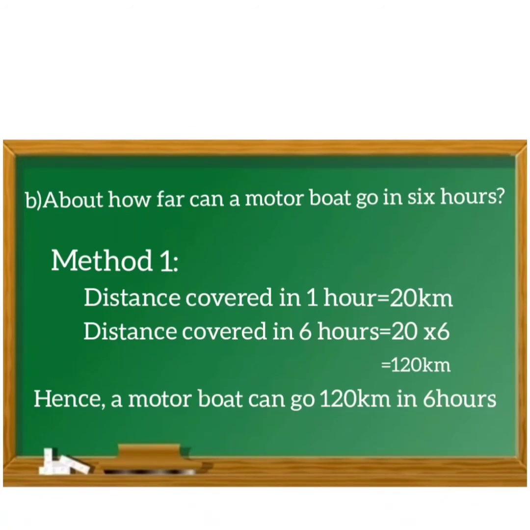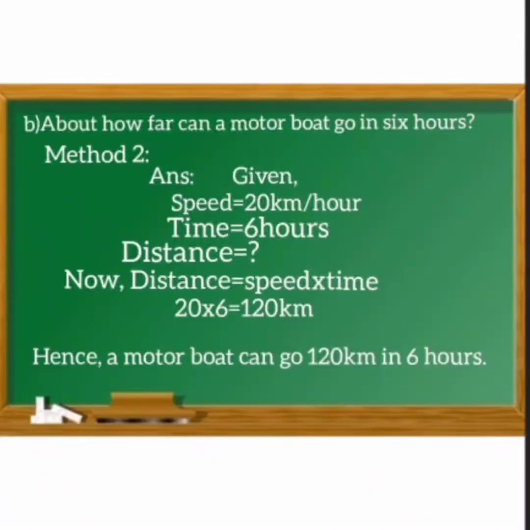Clear? Method 2. In this question, given that speed is equal to 20 km per hour, time is equal to 6 hours, distance, we have to find this distance. Now, we can use that distance formula.